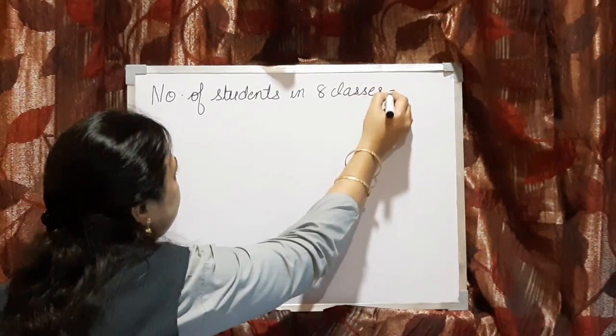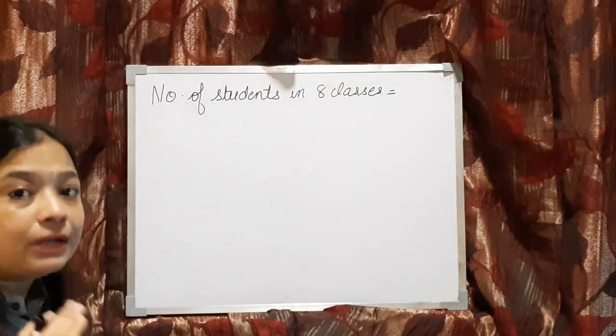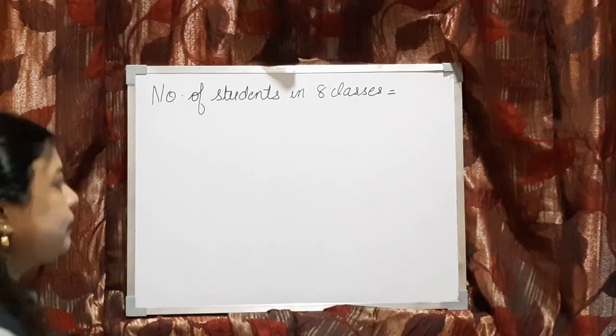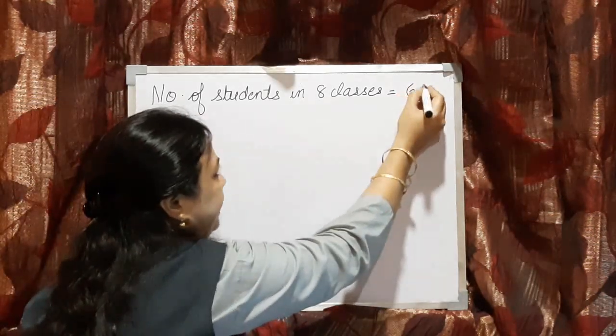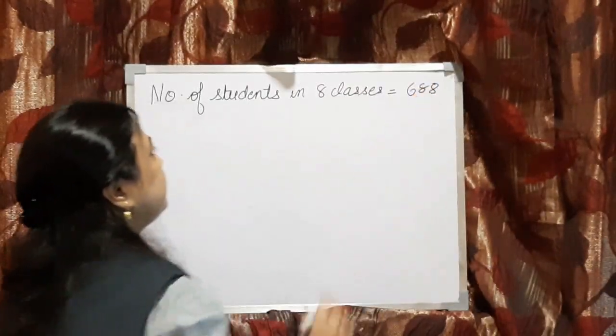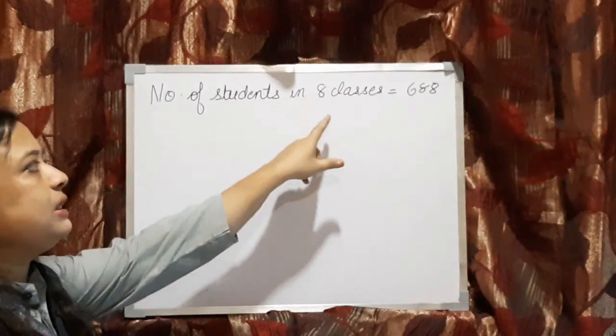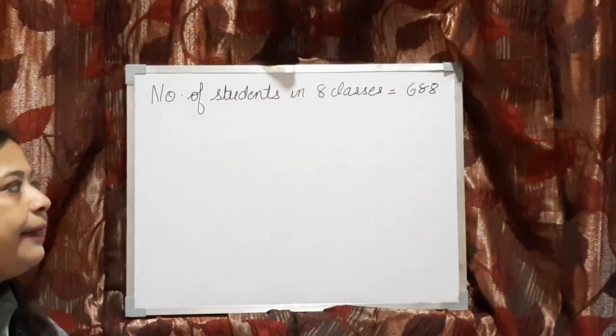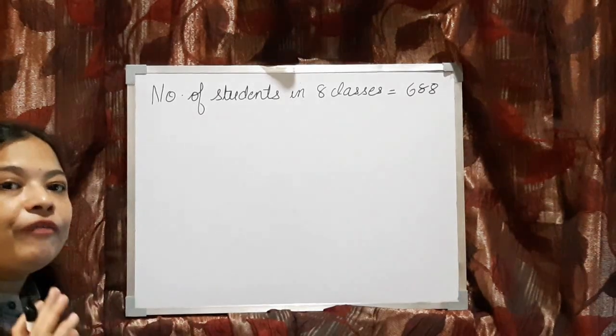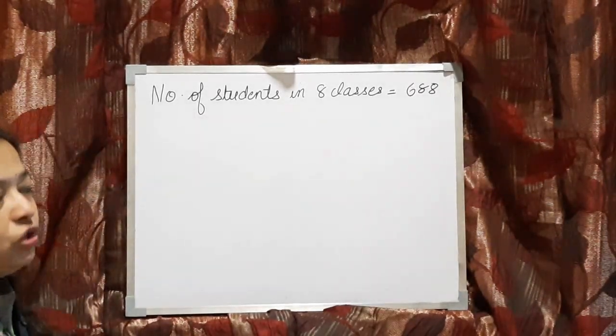How many students were there in 8 classes? Here also the total is given to us. What total is given? 688 students. Okay. Number of students in 8 classes is equal to 688. Now we have to find out how many students are in one class.